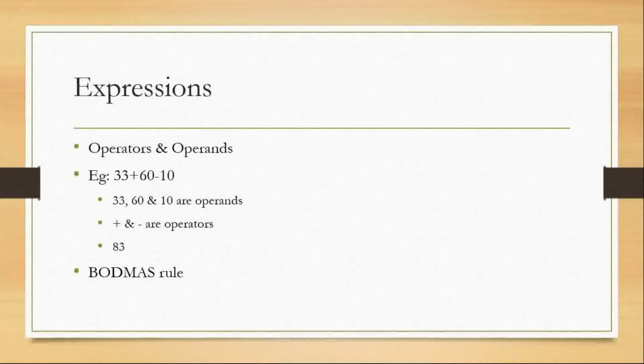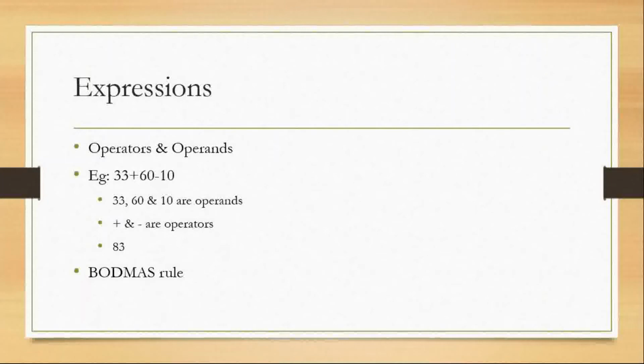An expression is nothing but a collection of operators and operands. As you can see in the example on the screen, 33, 60, and 10 are operands and plus and minus are operators. The result of this expression is 83.